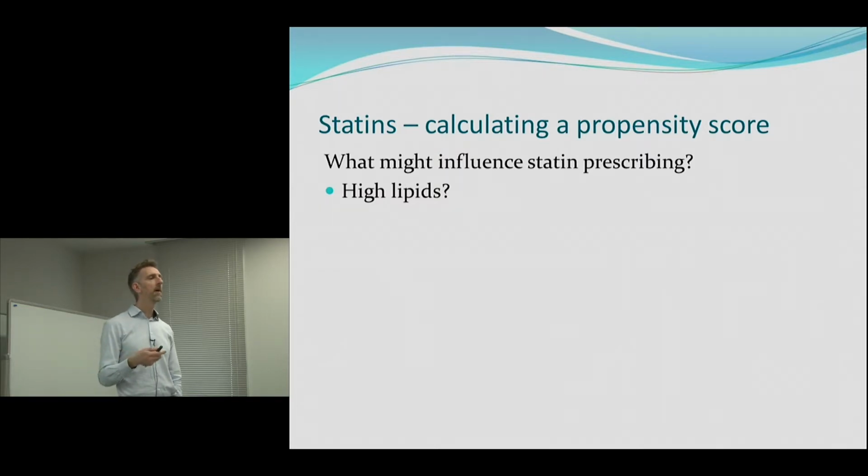So we started off by thinking, what might influence a decision to prescribe a statin? So high lipids, so statins lower lipids and then hopefully reduce the risk of a heart attack. So you would hope that high lipids should be quite influential in a decision to prescribe a statin. Yeah.